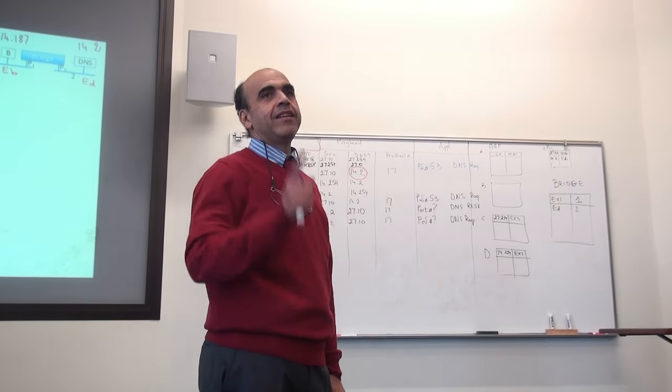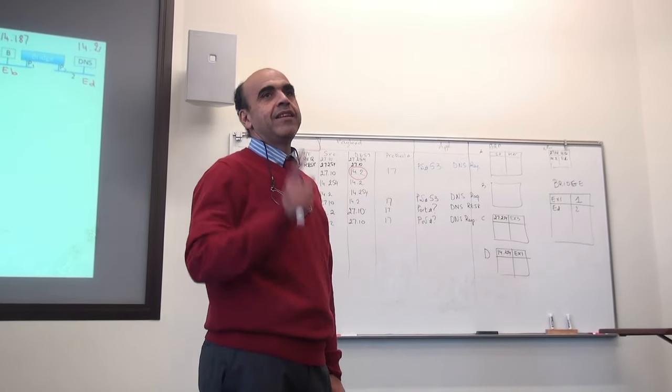Now, all machines will see that frame and pick it up, and they will find it's for ARP, and all of them will give it to their ARP. People not concerned will not respond. Only machine A will respond. So what will happen on machine A?